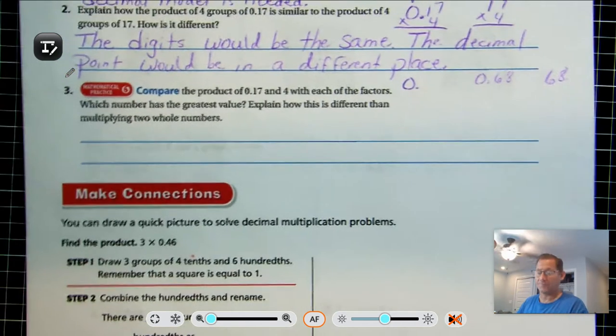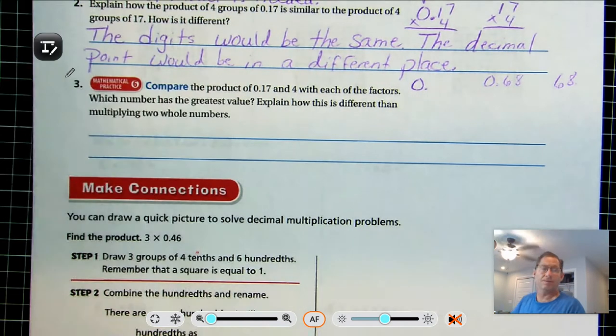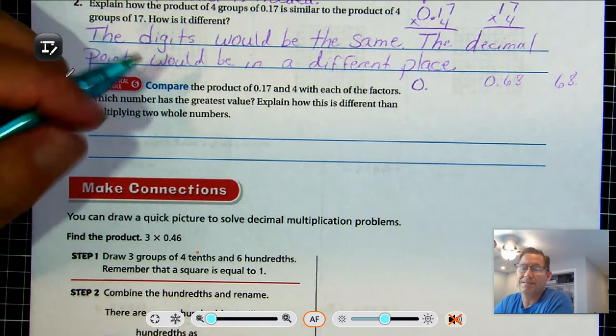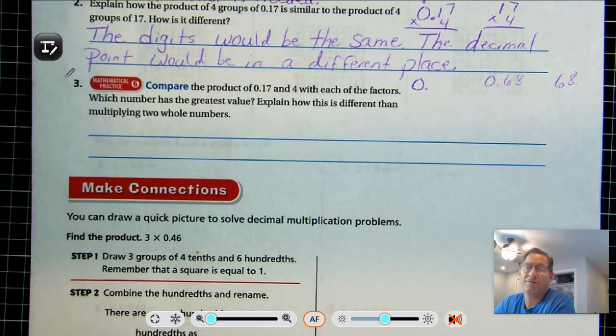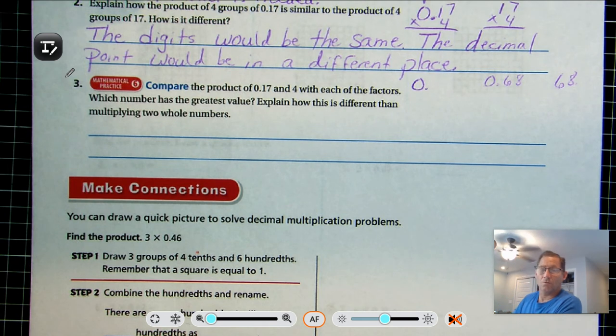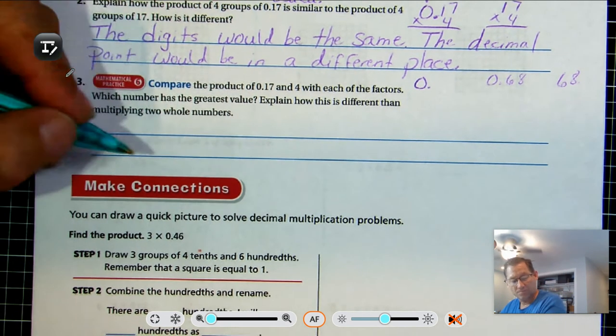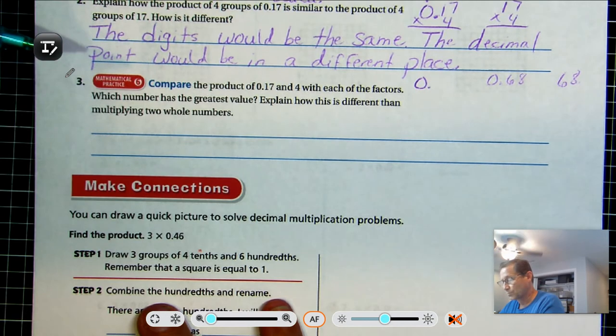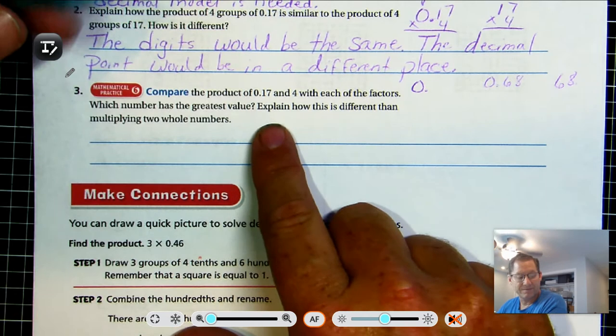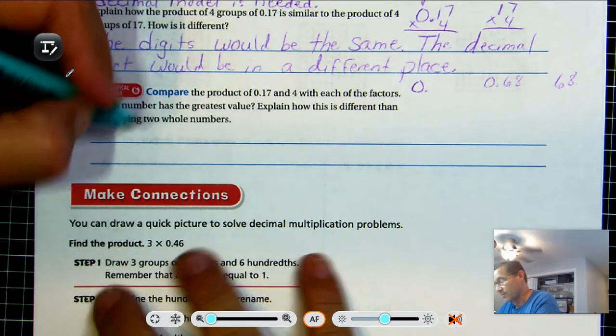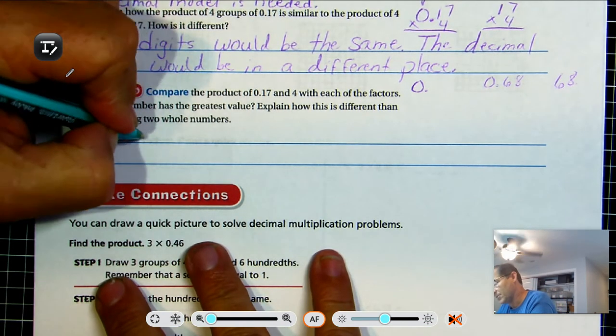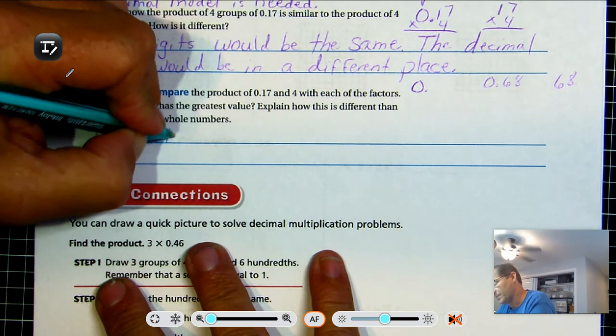All right. So number three. So compare the product of 17 hundredths and 4 with each of the factors. Which number has the greatest value? Explain how this is different than multiplying two whole numbers. Well, so when we multiply 4 times 17 hundredths, the factor 4 actually has the greatest value.